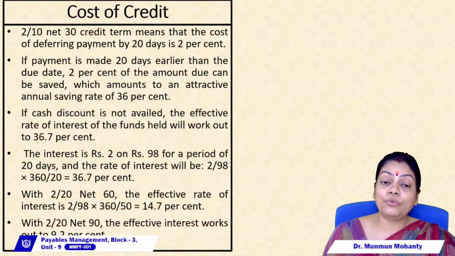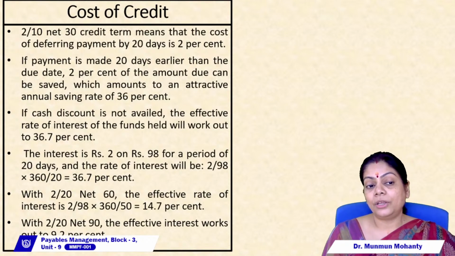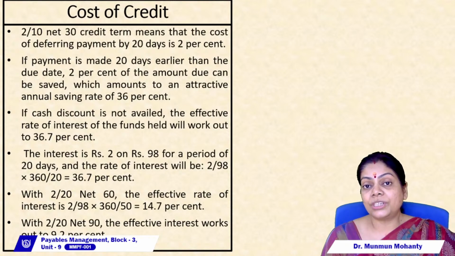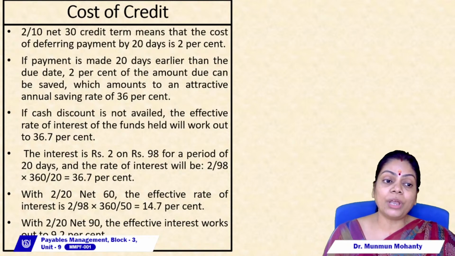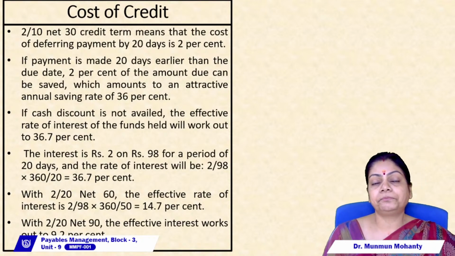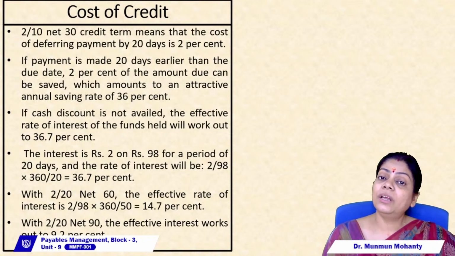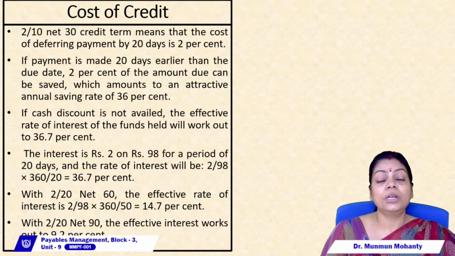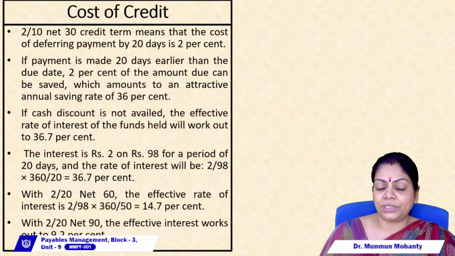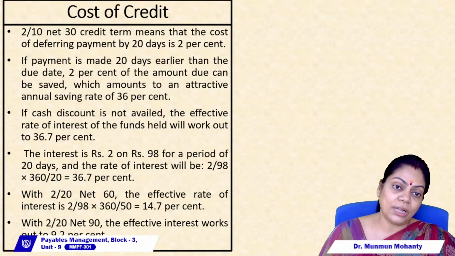So if you take advantage of the cash discount, your annual savings will be 36%. You can imagine 36% is a whopping amount. But if you don't avail the cash discount, what is going to be your cost? Is your cost going to be 36% or more than that?